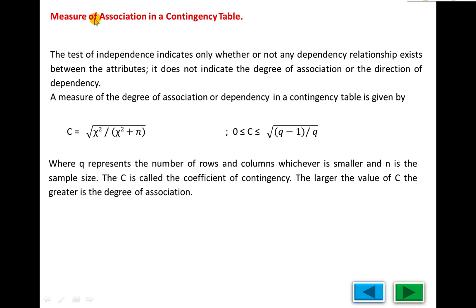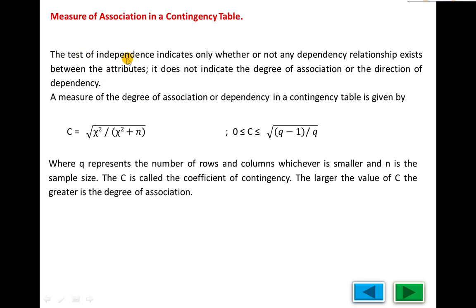We will measure the association in a contingency table. There are different methods, different formulas, for the measure of association. But for measure of association in a contingency table, we use this formula. It is also called the coefficient of contingency.